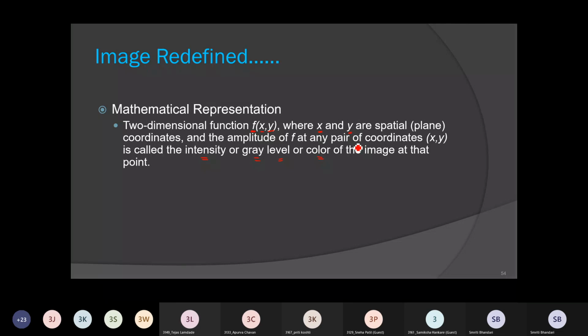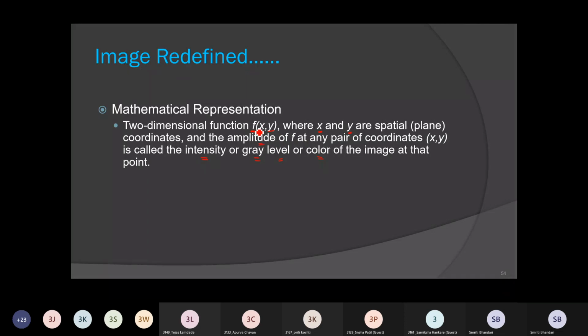I'll repeat how an image is represented using a two-dimensional function. An image can be represented as a function f of x and y, where x and y are the spatial coordinates, and what this function represents is known as the amplitude.